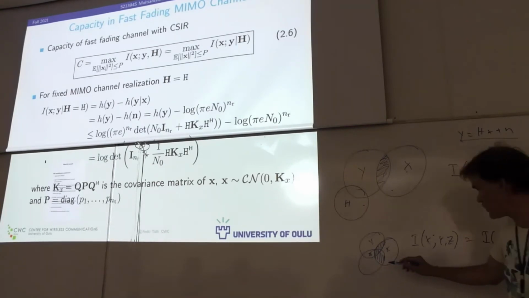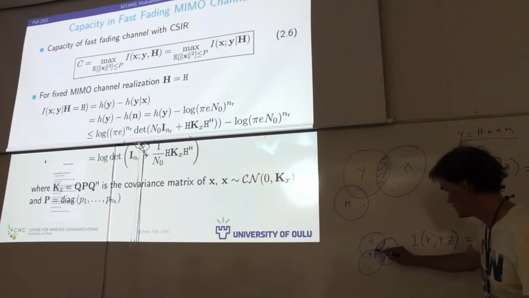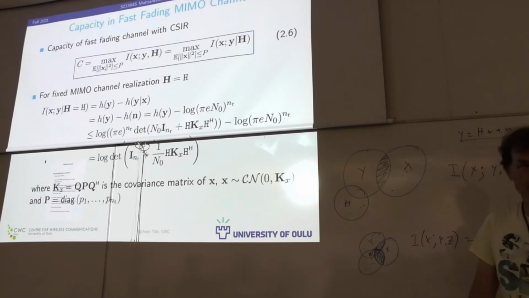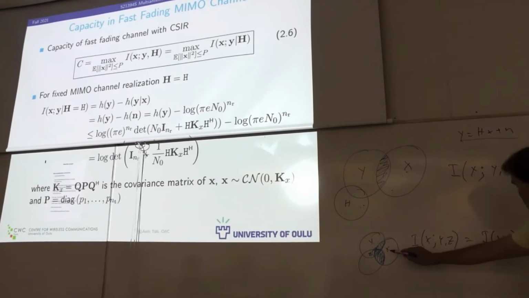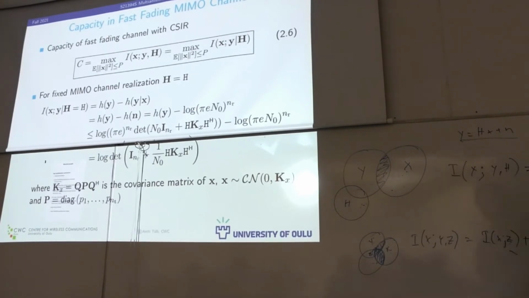The first part would correspond to this one. The second part, this one, right? X and Y given Z. Okay, if we apply it here, Z is now H. You can see that the mutual information between X and H is zero because they are independent.